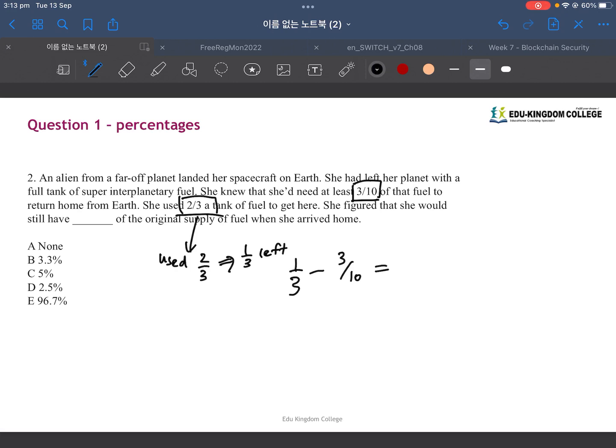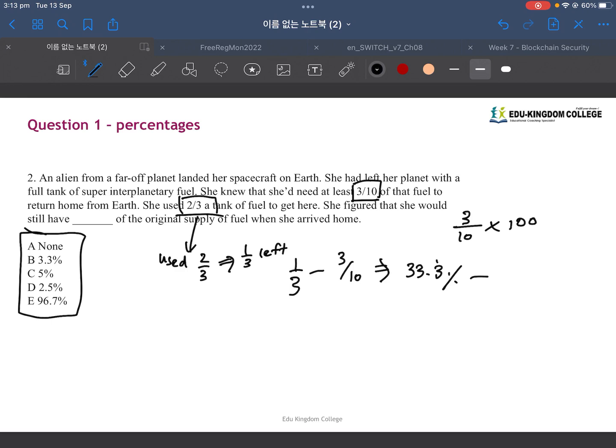Okay, before I do that, I'm going to convert these into percentages. Why? Because the answers are all in percentages as well. So 1/3, and this should be common knowledge, is actually 33.3 recurring percent, minus 3/10. To convert that, 3/10 times 100.